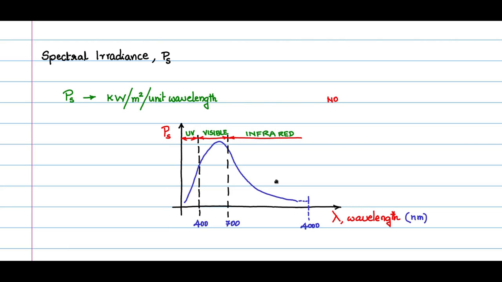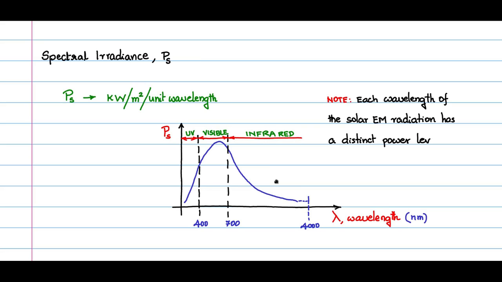So note that each wavelength in the spectrum has a distinct power level. Solar radiation is an electromagnetic radiation, and each wavelength has a distinct power level. Now that can be seen from this curve itself.